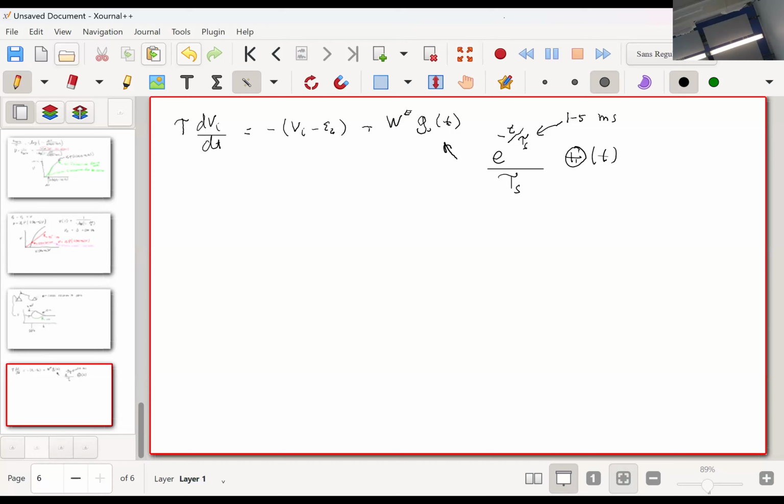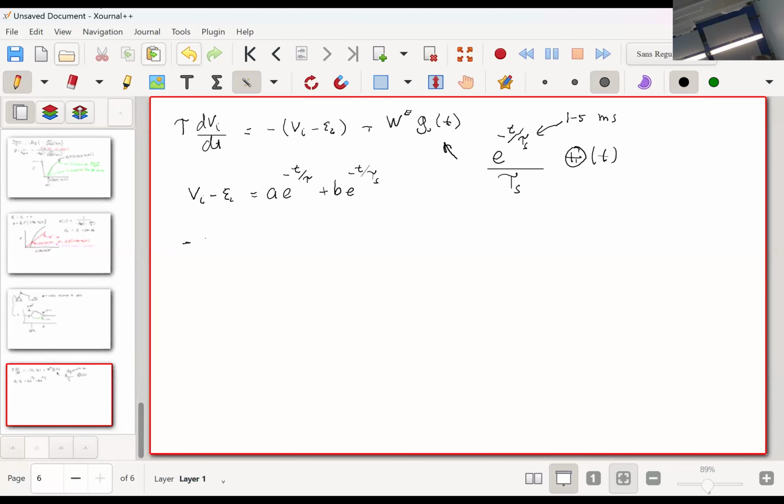So you want to solve this differential equation, and the solution, which we had last time, is V I minus E leak equal to A e to the minus t over tau plus B e to the minus t over tau s, which you can easily verify is the only solution. We plug that into our differential equation, and we get minus dV/dt either brings out a minus 1 over tau or minus 1 over tau s.